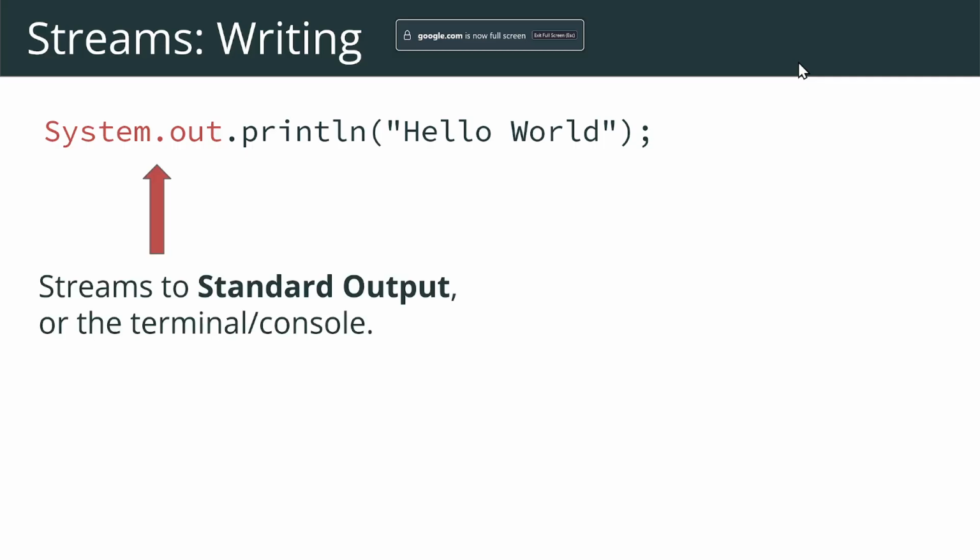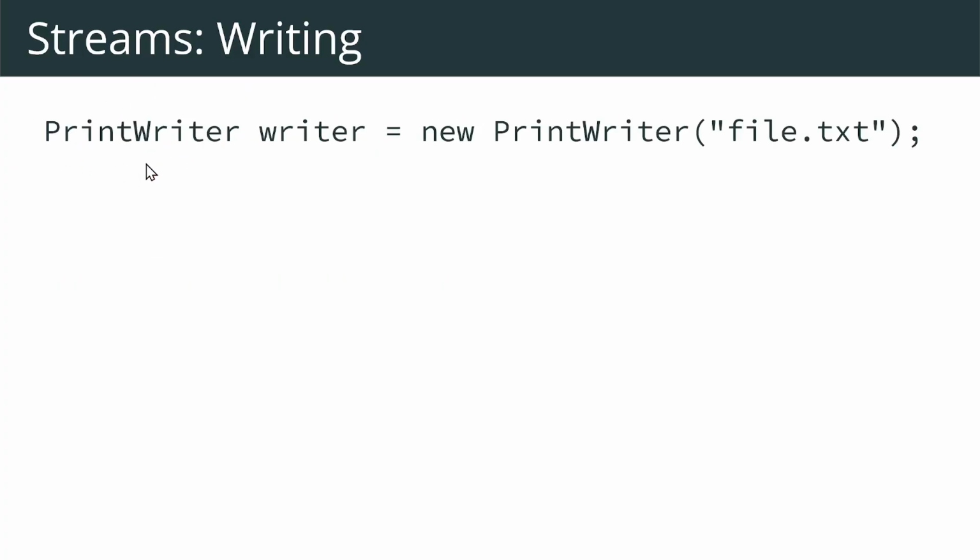Another way we can output is by creating our own output stream. One way is called a print writer. This is a new type of variable. You're basically making a new destination. So here I'm creating a destination called writer, which is pointing at this hypothetical file.